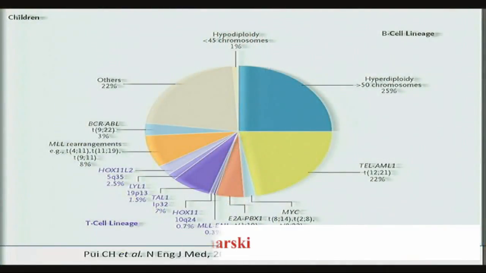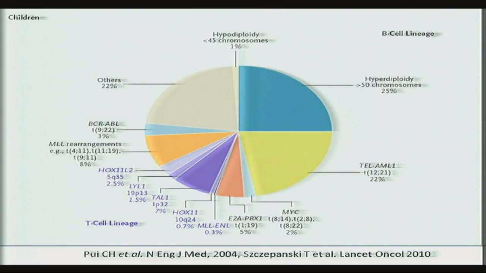We have a large spectrum of different genetic defects observed in acute lymphoblastic leukemia. This is still the picture from before the genome-wide studies.